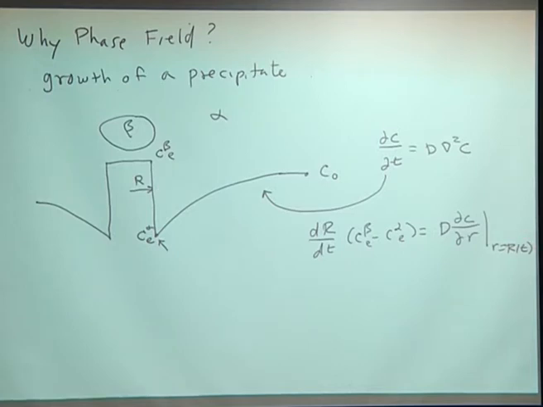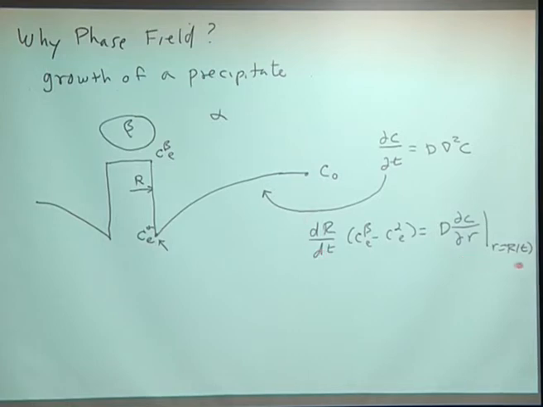Okay? So you say, I'll give you the particle at some time, and then I can solve the diffusion equation. You have to know where to place this boundary condition, but you don't know where the particle is, right? Because it's growing, and it's growing according to this. If you could figure out where the particle is by this, you would know where to apply the boundary condition.